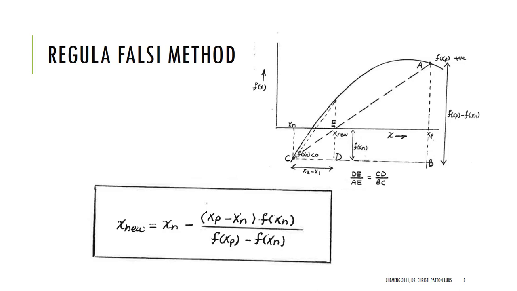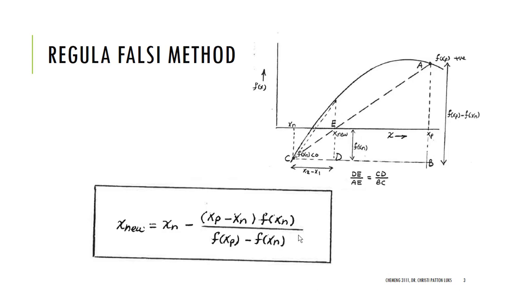If I use the fact that this new guess has to be on the line between those 2 endpoints, and I guess that it should be close to where the straight line crosses zero, then I can use algebra and my knowledge of slopes to come up with this as my equation. Now remember our notation here.